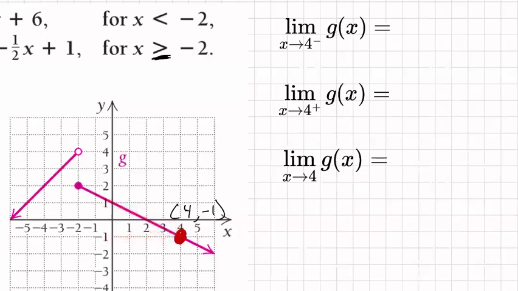So since it's pointing at -1, we would say the limit of g of x as x approaches 4 from the left-hand side, keep that in mind, that's our focus here, is -1. We're not actually plugging in 4, but all the values to the left-hand side are pointing at that ordered pair, saying, hey, -1 is what I should use.